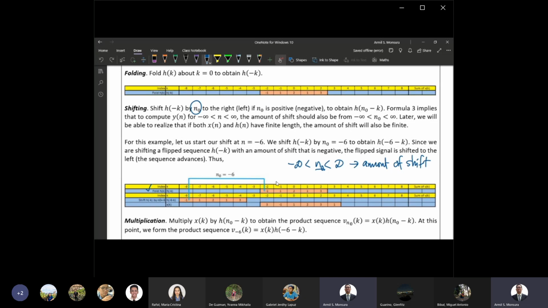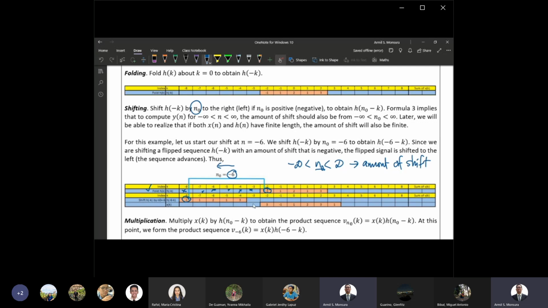A negative shift means it will move to the left. The signal values of h would move to the left by 6 time indices. So from -2, it shifts 6 times: 1, 2, 3, 4, 5, 6. The -1 sample value goes to time index -8, and everything else will follow.